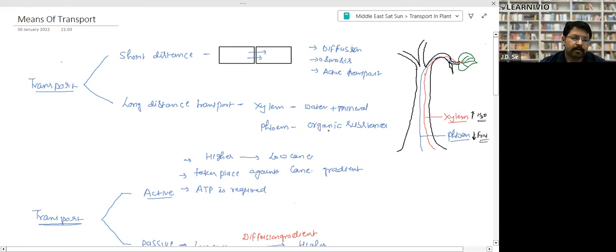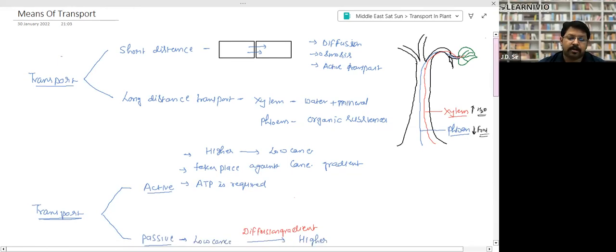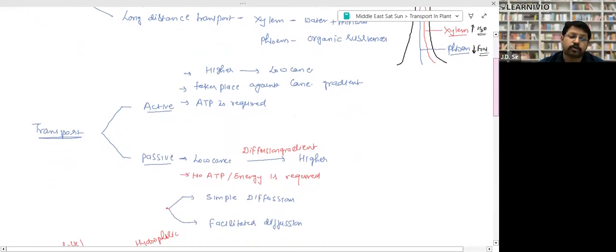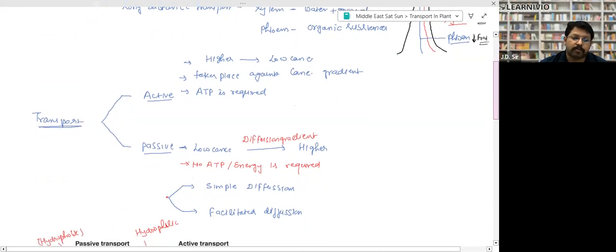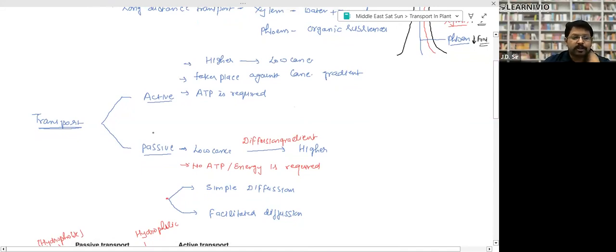Now, in terms of physiology, transport can be of two types: active transport and passive transport. Active transport is that transport where energy is required.